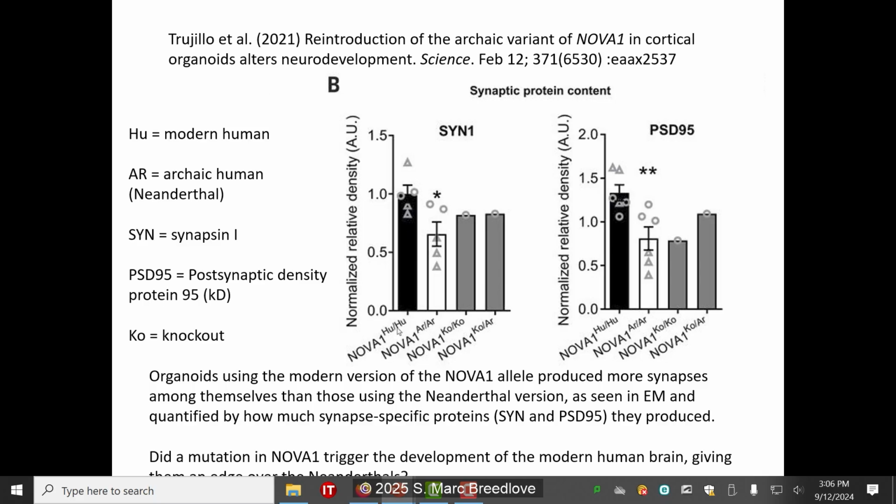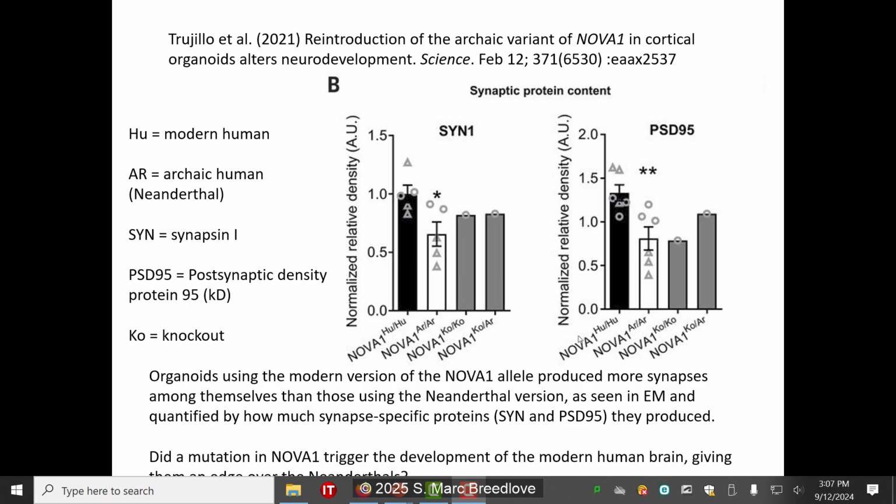And here, if both copies of the NOVA1 are human, you get this amount of synapsin and you get this amount of PSD 95. And I'm going to skip over what happens when you look at knockout. But when you have it be homozygous for the archaic, which is to say Neanderthal version, in fact, there's less synapsin going on and less postsynaptic density 95 going on.